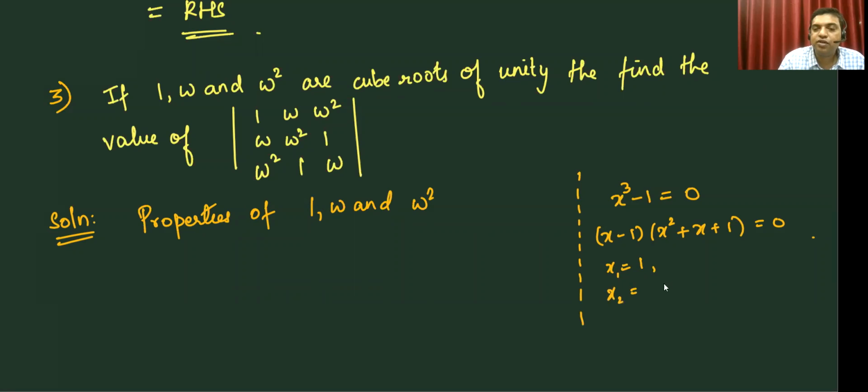The second root is minus b plus or minus root of b square minus 4ac, that is, minus 1 plus or minus root 3i by 2.